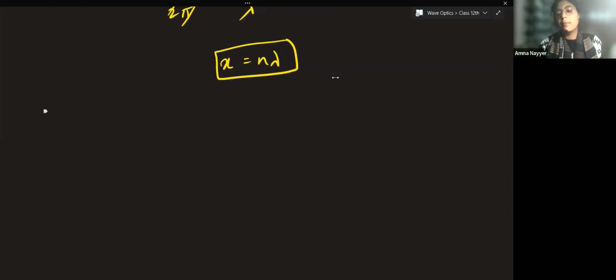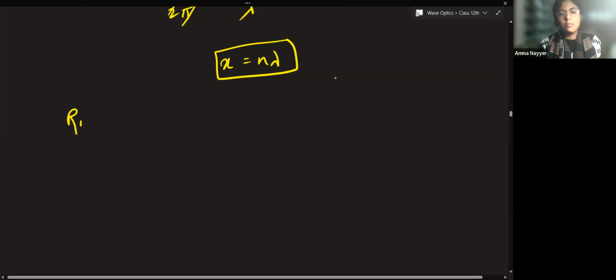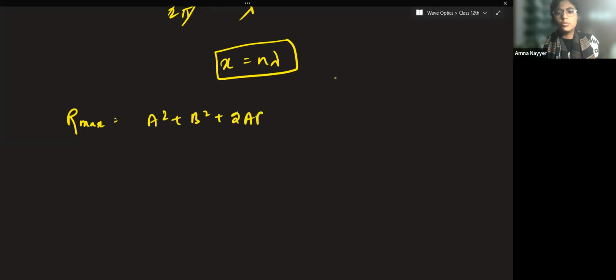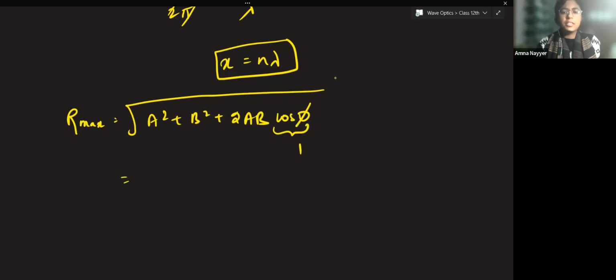If you have to write the maximum amplitude, R max will be what? Put cos phi as 1 and see what answer you get. R max is the square root of A square plus B square plus 2AB cos phi. Put cos phi as 1, so you are left with the square root of A square plus B square plus 2AB.